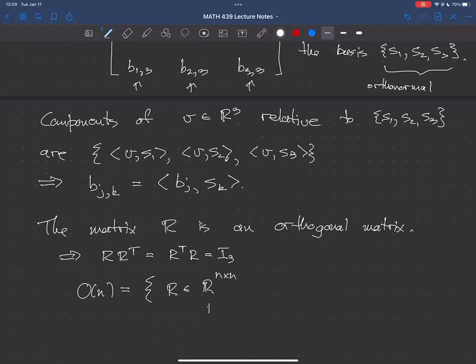I'll denote the set of N by N matrices by R to the N times N, that satisfy this relationship. This is called ON. O obviously stands for orthogonal. And this is called the orthogonal group.